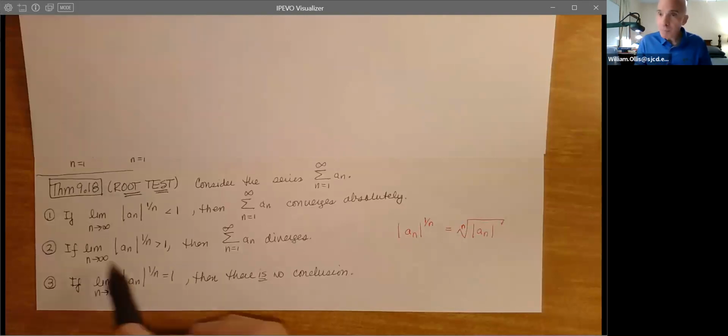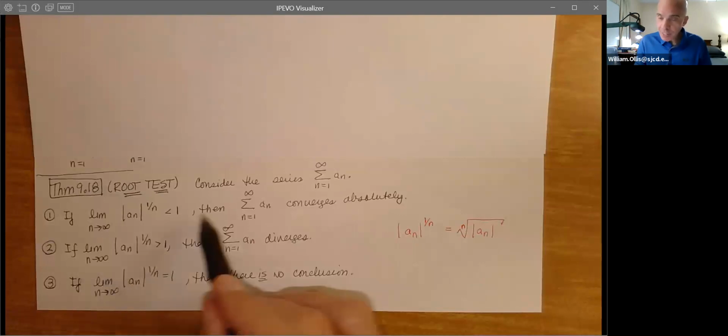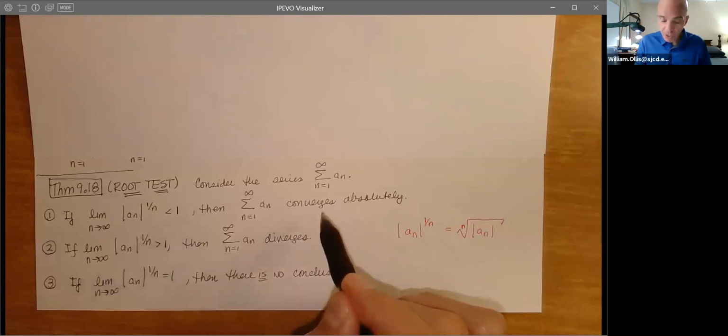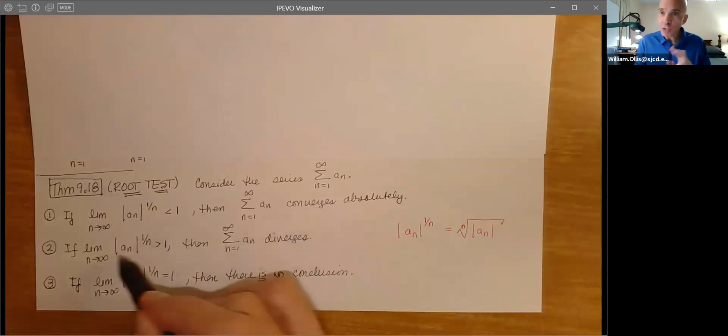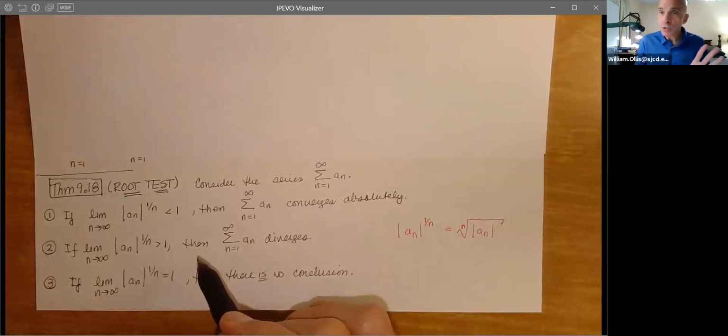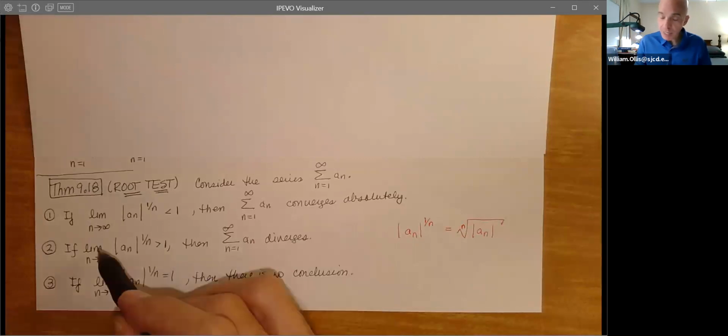Now, just the same kind of proof, again, this utilizes the geometric series just like in the ratio test. This is also saying that as you get far enough out into the sequence, you get a non-decreasing sequence, which can't have limit 0. So the proof is the same here.